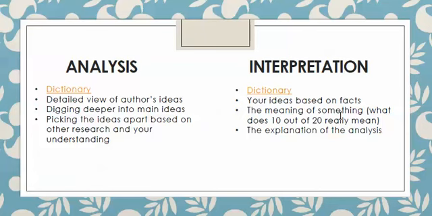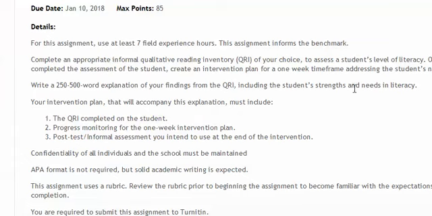And you just want to make sure that in this assignment, the strengths will be somewhat clear, but not necessarily. The strengths are not necessarily what they got right, and the needs are not necessarily what they need to do. The need is, how do you get to that point?